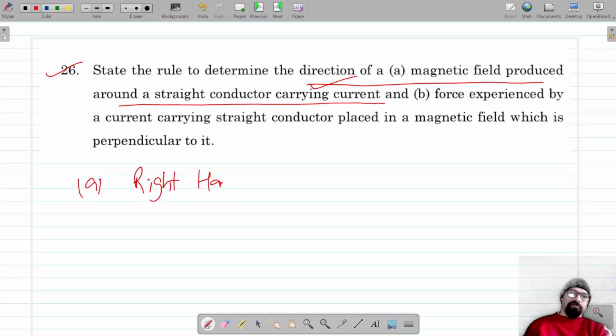This is the right hand thumb rule that is used to find the direction of magnetic field produced around a straight current carrying conductor.